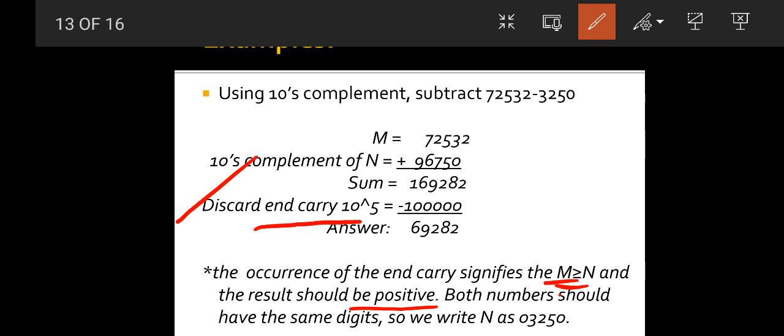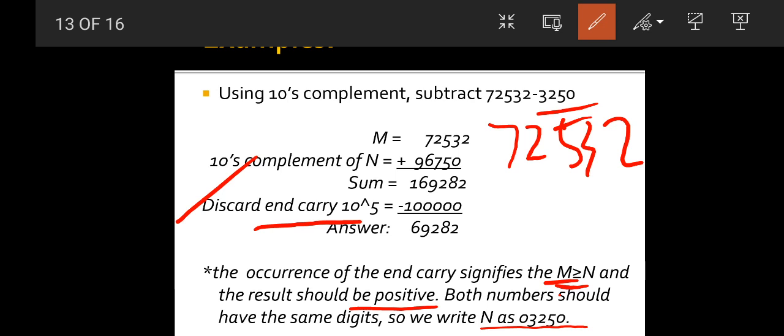So we will write n as 03250. Since you have 72,532 with 5 digits and your 3,250 is 4 digits, you put a 0 in front of 3,250.